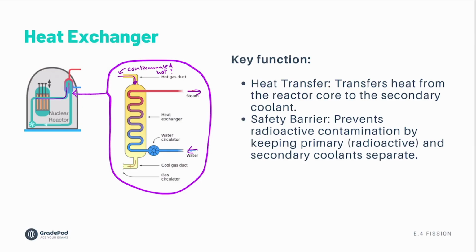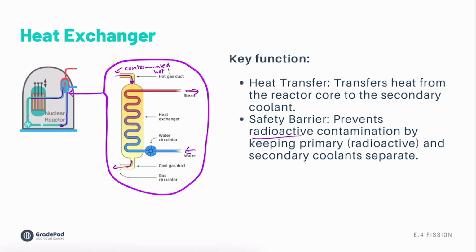Meanwhile, this stuff here is circulated back into the nuclear reactor and kept separate from the rest of the power plant. So what's the key function of the heat exchanger? It transfers heat. It takes heat from the reactor core to the secondary coolant. And it also prevents radioactive contamination by keeping the radioactive primary coolant separate from the secondary coolant.